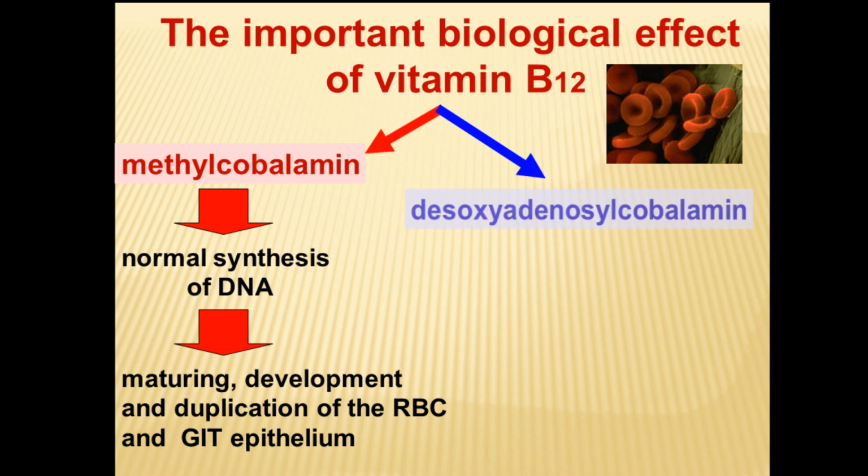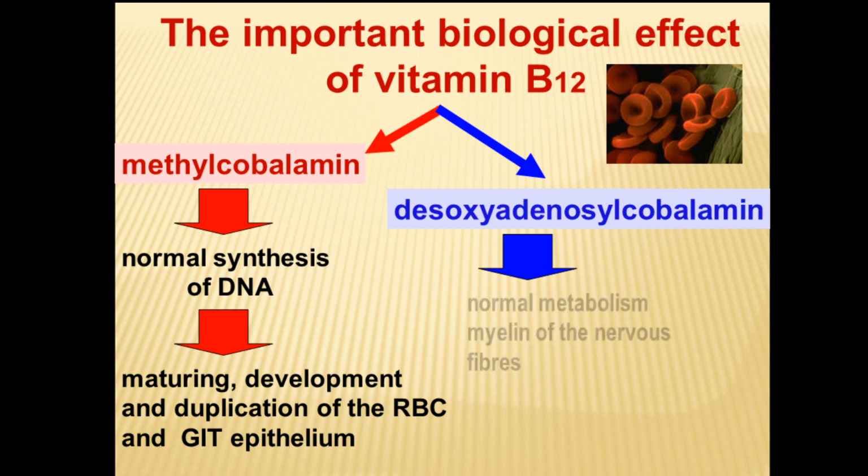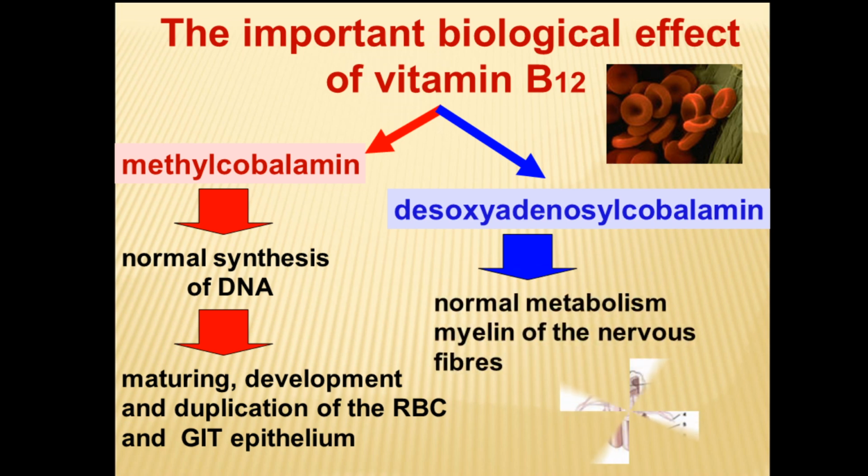The other form of vitamin B12, deoxyadenosylcobalamin, takes part in normal metabolism of myelin of the nerve fibers and controls activity of the peripheral nervous system. Two forms of vitamin B12 are presented in our organism.